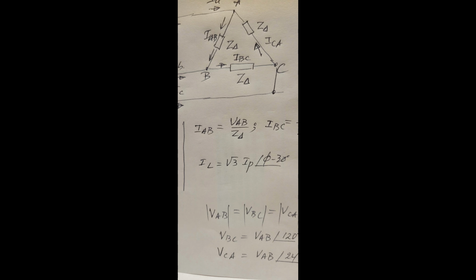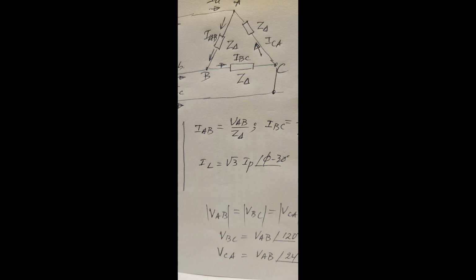Every phase current is equal to the voltage applied to the phase divided by its impedance. We want to demonstrate that the line current is equal to the square root of 3 times the phase current.